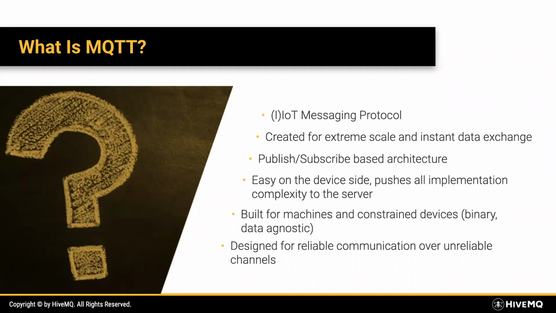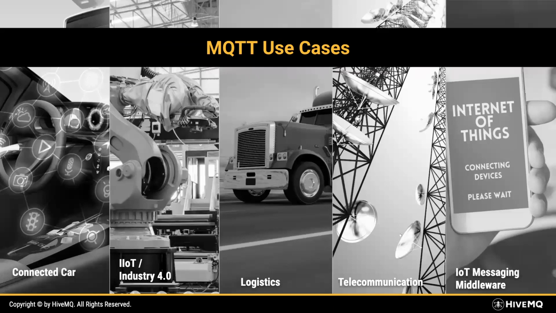Okay, but talking about use cases, where is MQTT used? So MQTT is basically used kind of everywhere. I think the most popular use case is the connected car. There we also have a lot of information on our website and also some webinars about it.